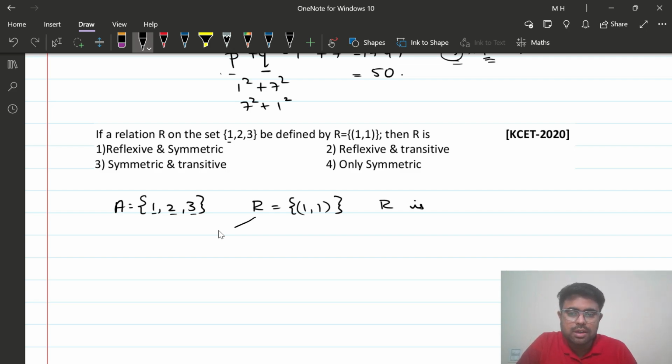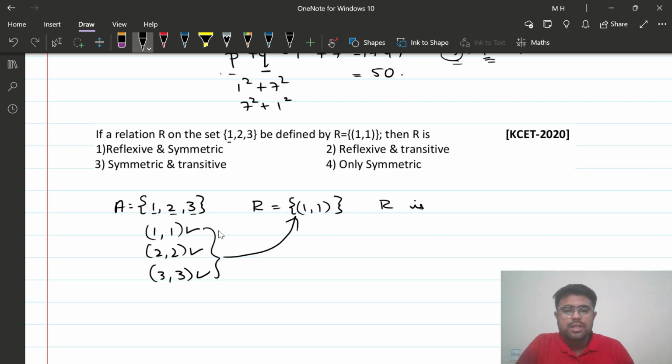So if we want to call this relation reflexive, one should be related to one, two should be related to two, three should be related to three. I hope you are getting it. So if (1,1), (2,2), (3,3), all these three are in the relation R, then it is going to be reflexive, otherwise it is not reflexive. Therefore, the first and second options are already wrong, because they say it is reflexive and something else. Can be something else, but we are 100% sure it cannot be reflexive. Now, is it symmetric?